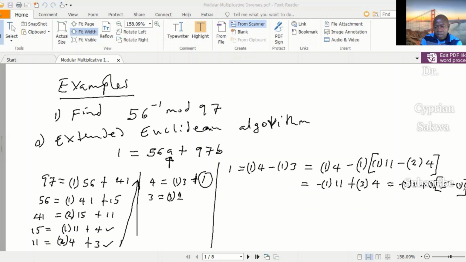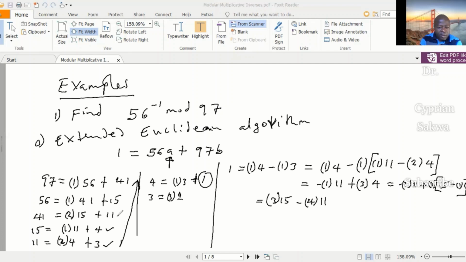So I hope you are seeing that. So let's just open that bracket. I'll begin with 3 multiplied by 15. And this other one is 3 multiplied by negative 1, which will be negative 3. Negative 3 plus this negative 1 gives us negative 4 multiplied by 11.